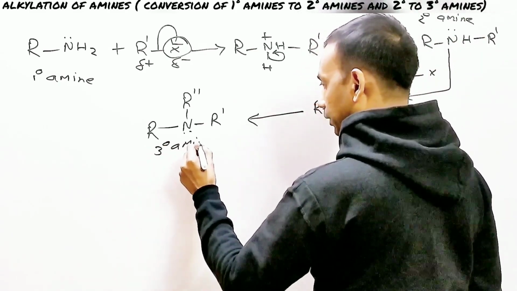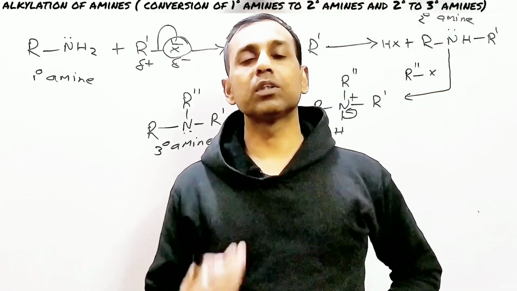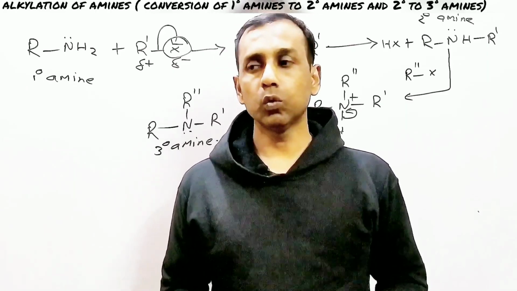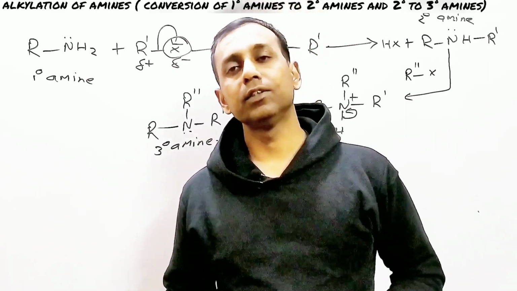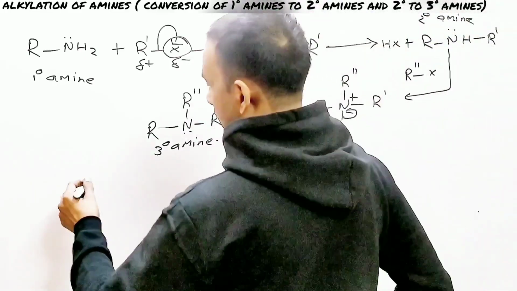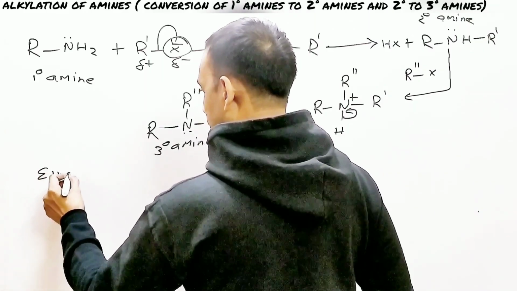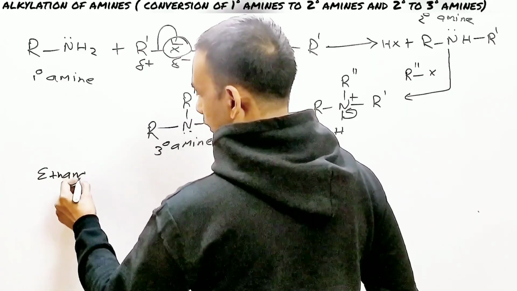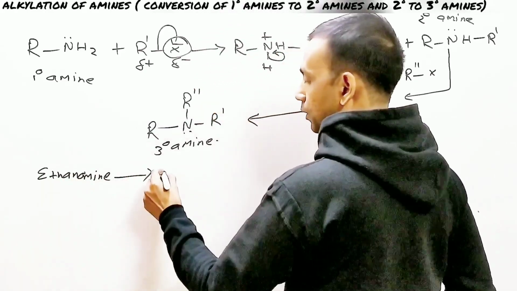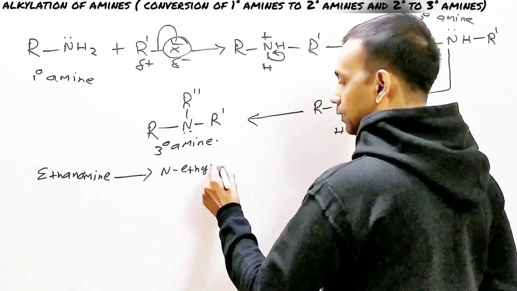So what's going to come as a question here is how can you convert methanamine to a dimethyl, or like a 2 degree amine. Maybe let me write here. Suppose there is a question where you have to convert an amine to N-ethylethanamine.